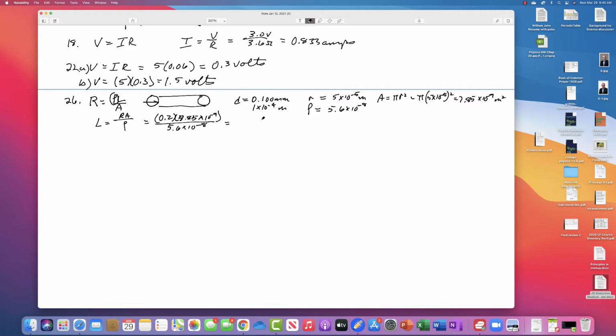If you do all that calculation, you get 0.0281 meters, or 2.81 centimeters in length.